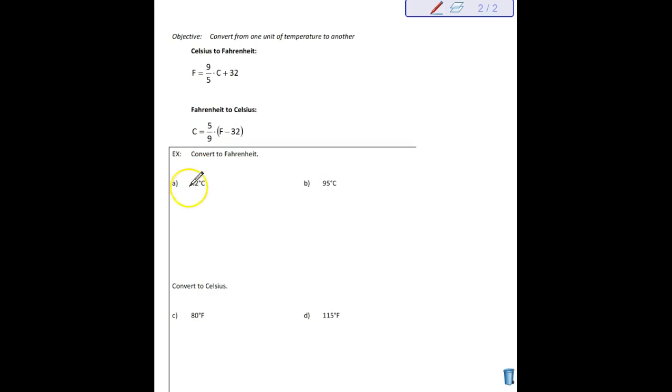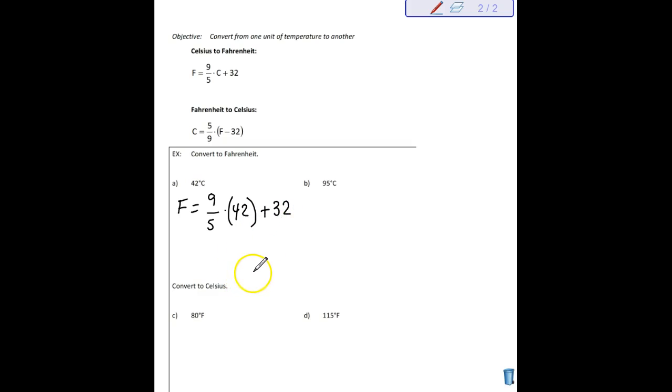Okay, so let's start with this one. I have 42 degrees Celsius and I want to convert to Fahrenheit. So using my formula, that would mean I do 9/5 times my 42. I put it in parentheses, you don't have to. And then I'm going to add to that 32.